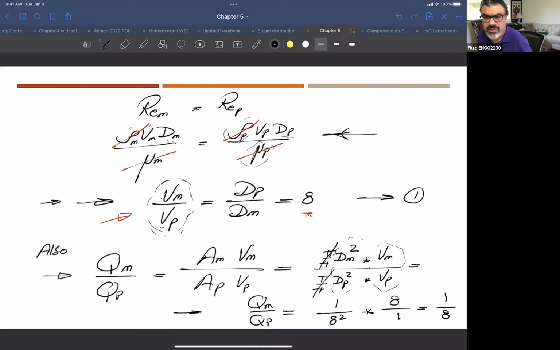Oh, maybe I'm going to use a different temperature, right? Same fluid, but maybe I will just increase the temperature in order to change the viscosity of the fluid in the model versus the actual viscosity in the prototype and so on, right? It's going to be all related to a dimensionless group that is equal between model and prototype.